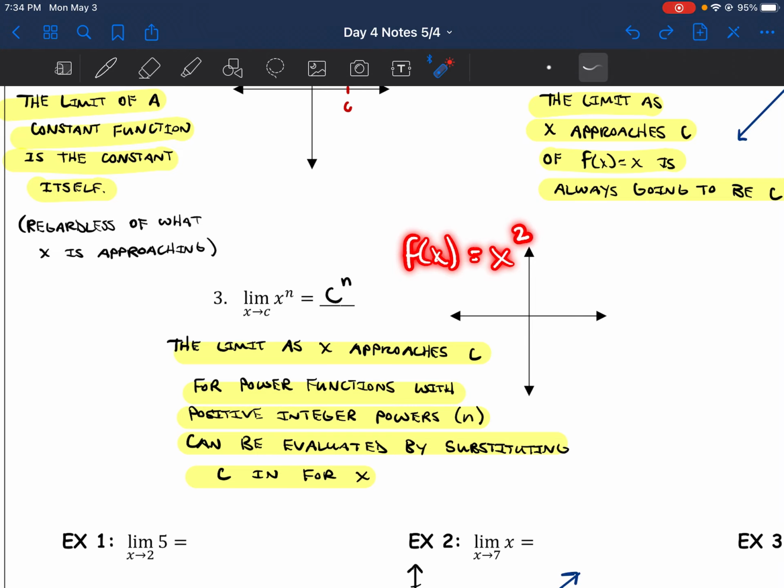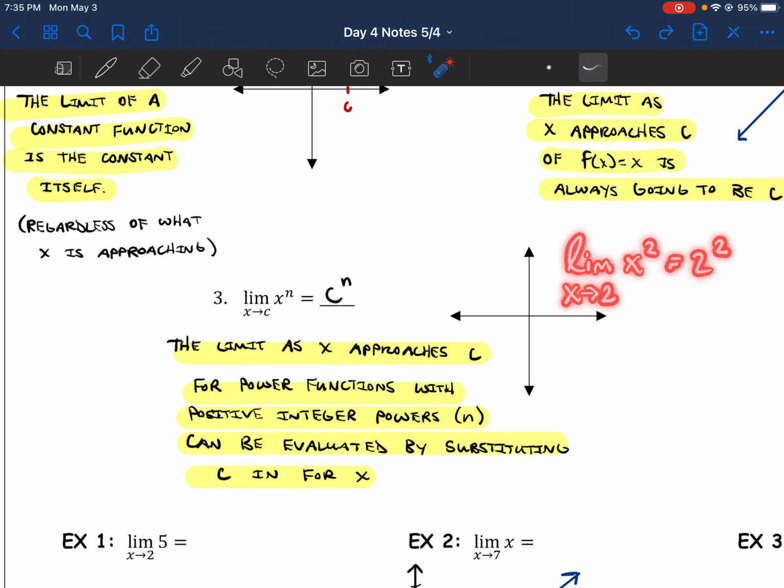This is a power function where the integer power is 2. If we had something like that, if we wanted to calculate the limit as x approaches 2 of, say, x squared, then that's just going to be 2 squared. We take whatever this is, we plug it in for x. Okay, and you'll see some examples of these.